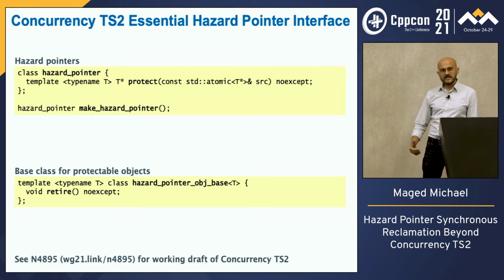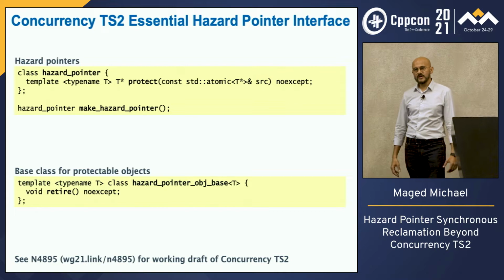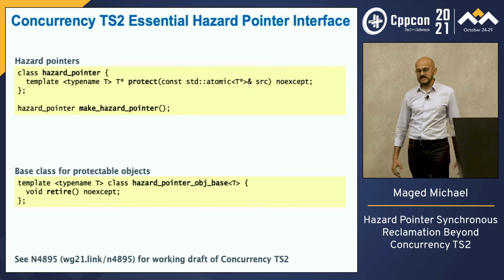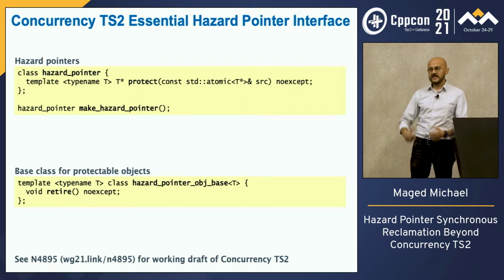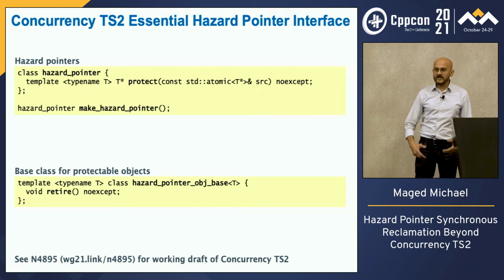And there's a base class for objects that are protectable by hazard pointers. And there's really one function there, retire. It's basically handing off the object to the hazard pointer library to say, okay, reclaim it whenever it's safe to do so.